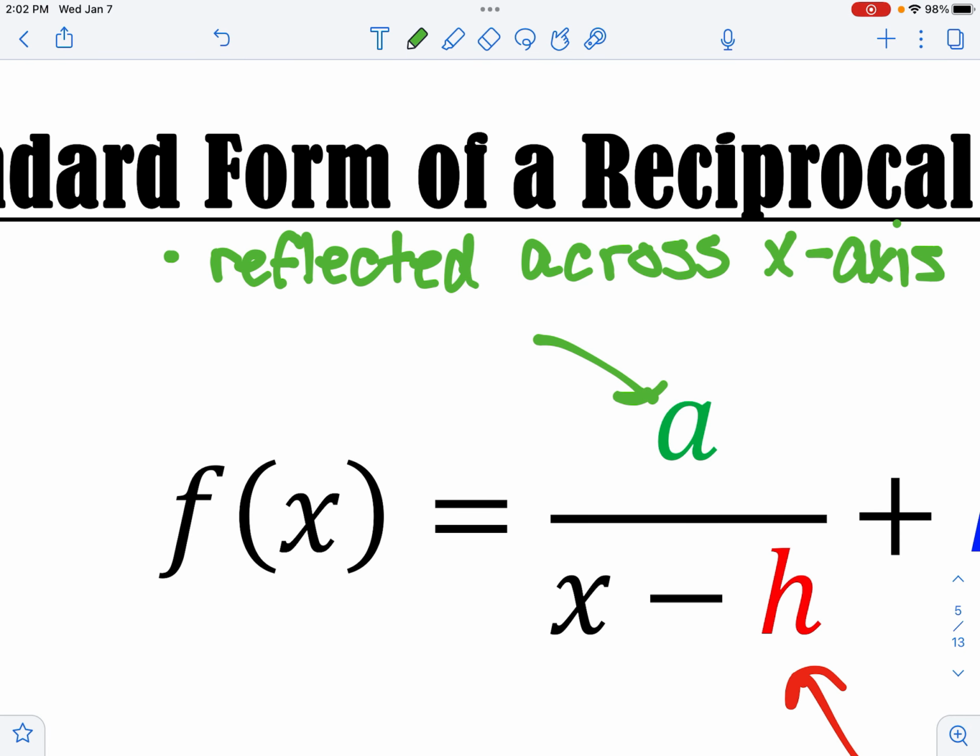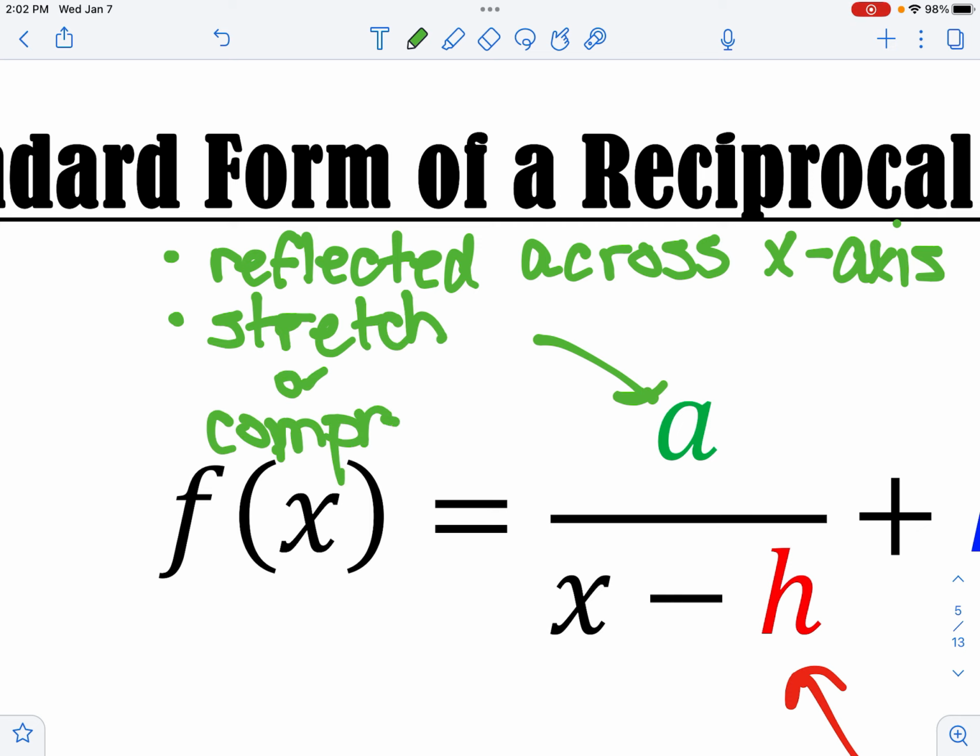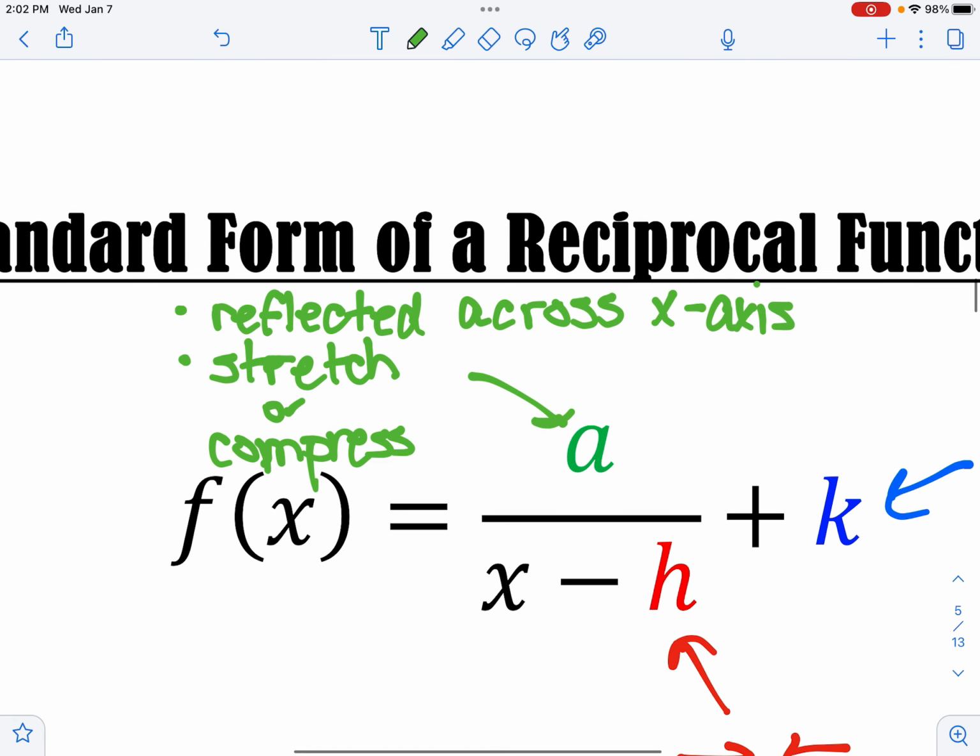And then it's also going to stretch or compress in the same way as before. If the number is bigger than 1, it's a stretch. If it's between 0 and 1, it's a compression.